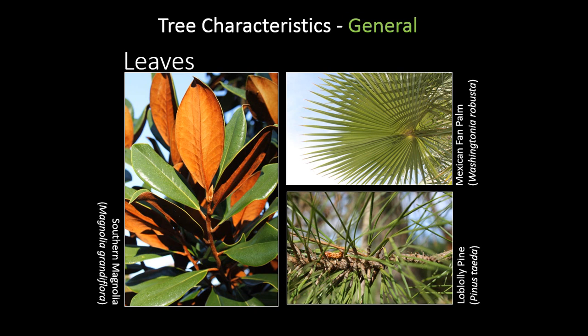For things like palms, we're looking at how many leaflets there are, how they are arranged, like a palm shape, or like a feather shape, and then the different things like spikes on the petioles. For our conifers, things we can look at are needle clustering, and if you see clusters of needles, you're working with a pine of some sort, or maybe like a tamarack or a larch if you're further north.